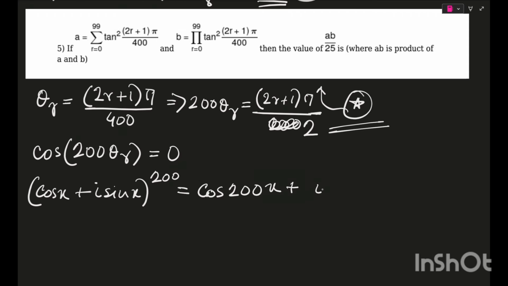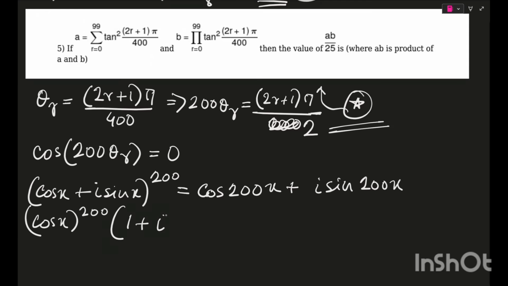So cos 200x plus i sin 200x. Very simply. First thing, if I take out cos x to the power 200 from this bracket, I can write this thing as 1 plus i tan x to the power 200. So this will be equal to cos 200x plus i sin 200x.